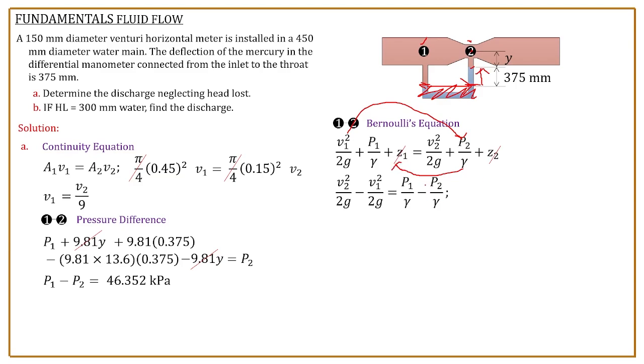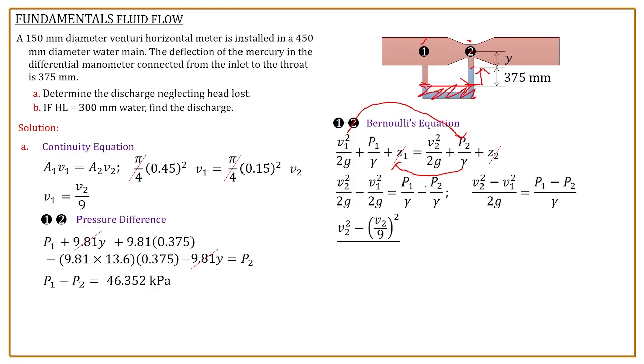Tapos ayusin lang natin, makikita natin na V2 squared over 2g minus V1 squared over 2g equals P1 over gamma minus P2 over gamma. So, solving and simplifying, pag-isahin lang natin sila. Yung natutunan natin nung elementary na pag same yung denominator, pwede natin silang pag-isahin na lang and then yung numerator as is lang natin.